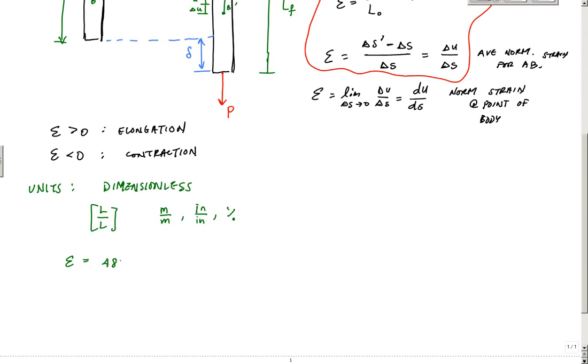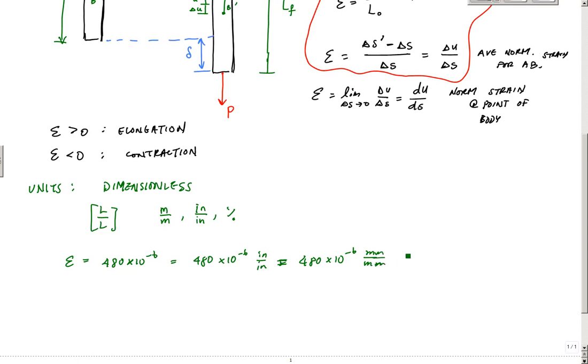480 times 10 to the minus 6, dimensionless. This was a normal strain. You could say this is the same as 480 times 10 to the minus 6 inch per inch, or 480 times 10 to the minus 6 meter per meter, or millimeter per meter.